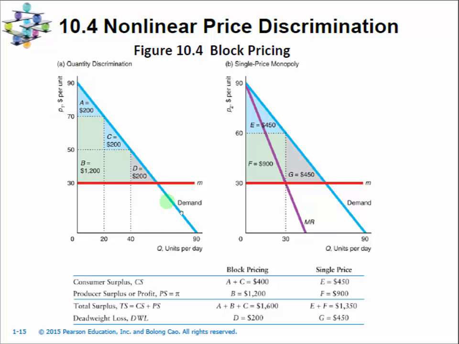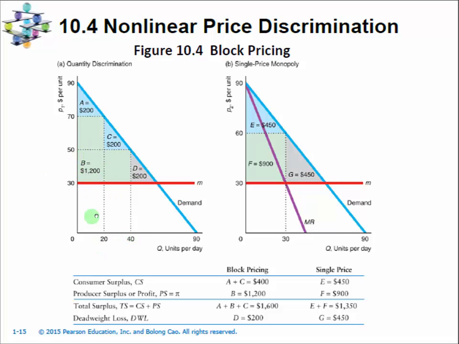According to this demand curve, at $50 per unit, the customers would like to buy 40 units per person. So the total expenditure is 20 times 70, that is 1,400, and another 1,000 is 20 times 50.